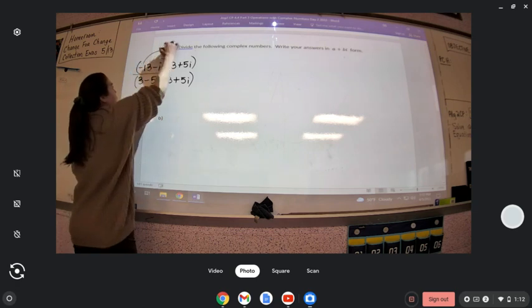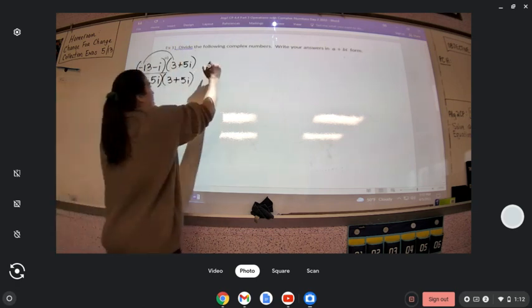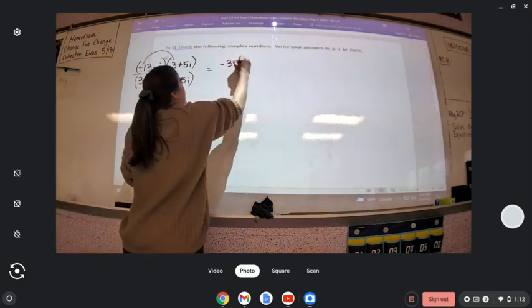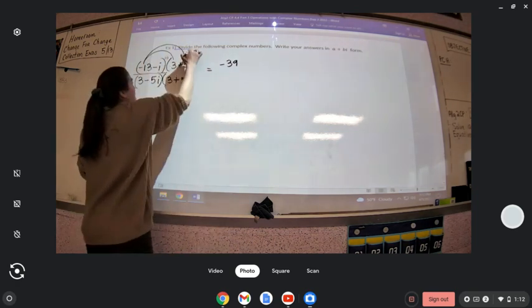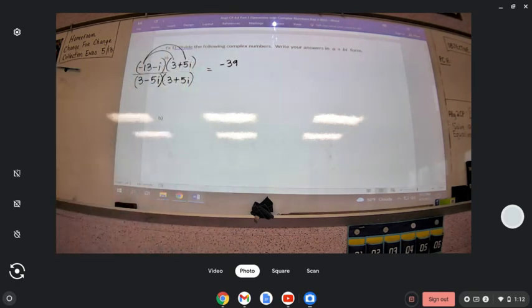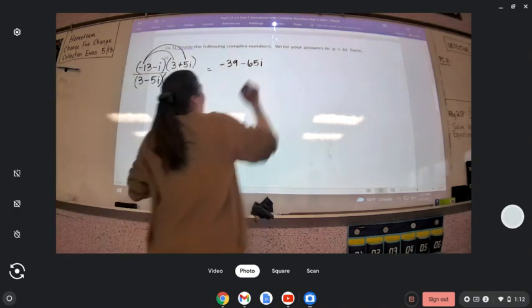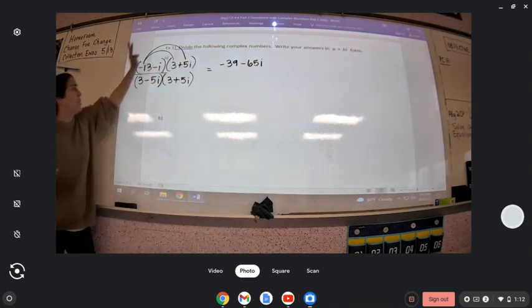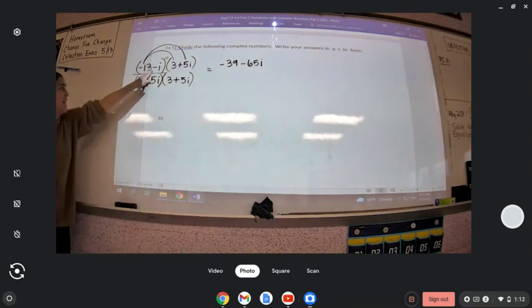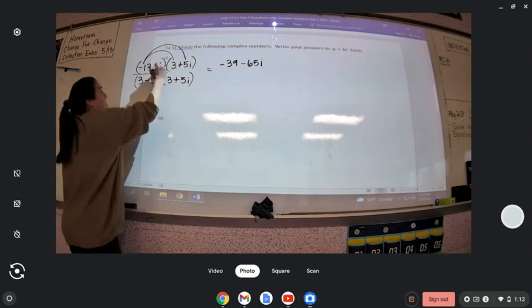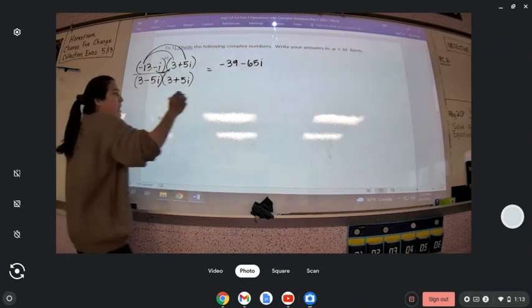All right, anybody know what negative 13 times positive 3 is? Negative 39. Anybody know what negative 13 times positive 5i is? Negative 65i. Nice. All right, we're done with him. We took negative 13, we distributed him. Now we take negative i and distribute him. What's negative i times positive 3?